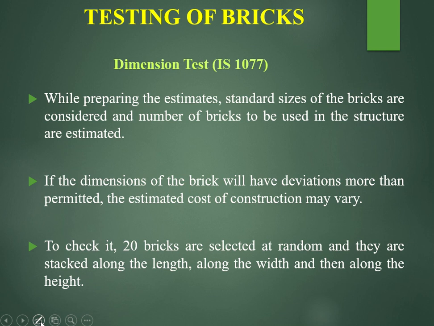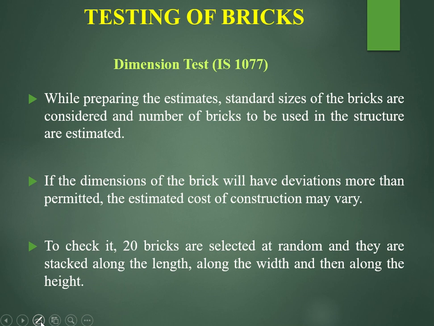Generally, while preparing the estimate for masonry, etc., we consider the standard size of the brick, right? And we also calculate the number of bricks. But if the dimensions of the bricks, or the sides of the bricks, have any deviations, what will happen? The estimated cost and the estimated number will go wrong.